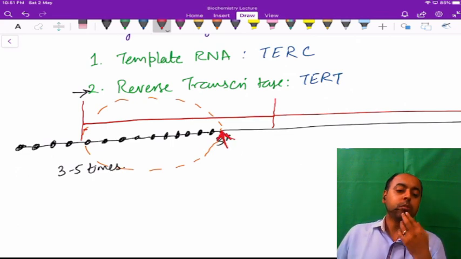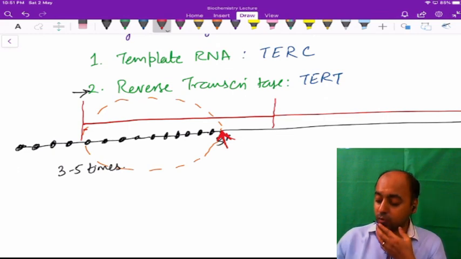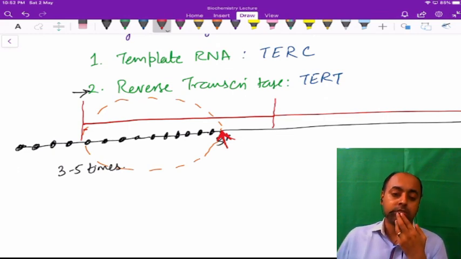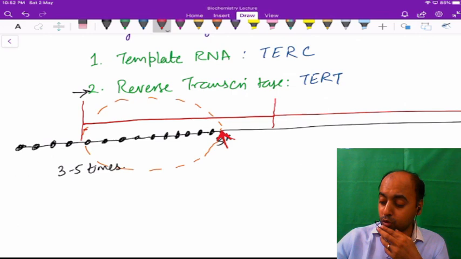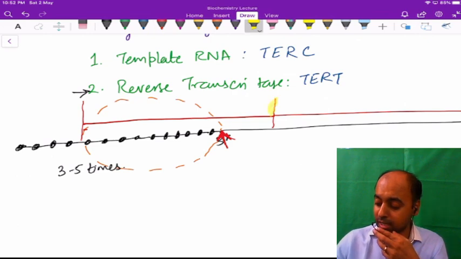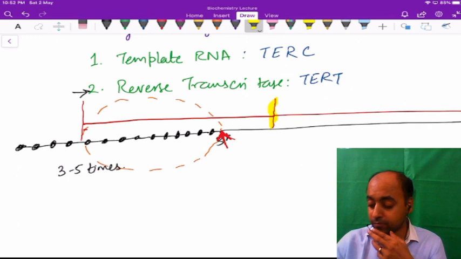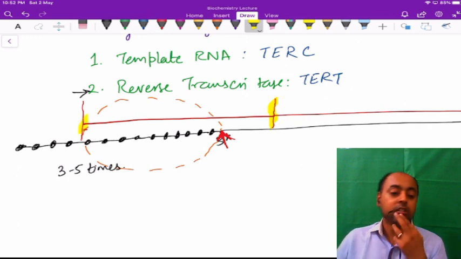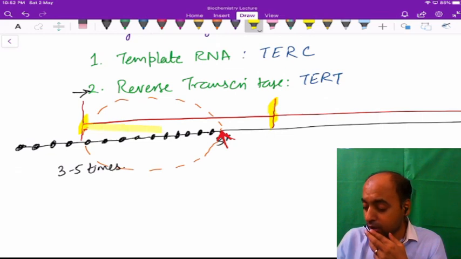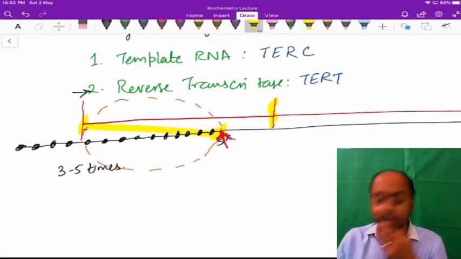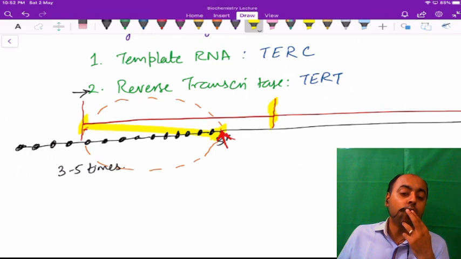So please note, the previous DNA was at the arrow that I have marked, and therefore the new DNA which was synthesized was a length shorter than the old DNA which was longer. But now when you have extended the lower DNA strand, the new endpoint for the new DNA is way longer than the initial endpoint for the old DNA.